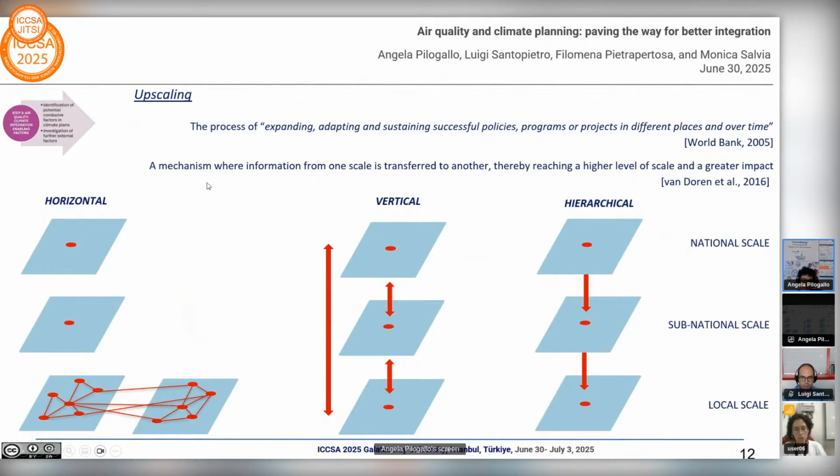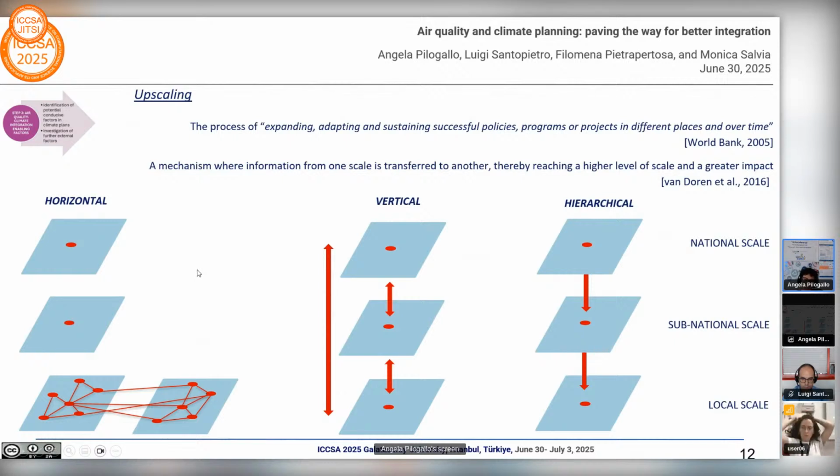The first one is based on bilateral knowledge sharing between cities, or otherwise between authorities at the same level of governance.